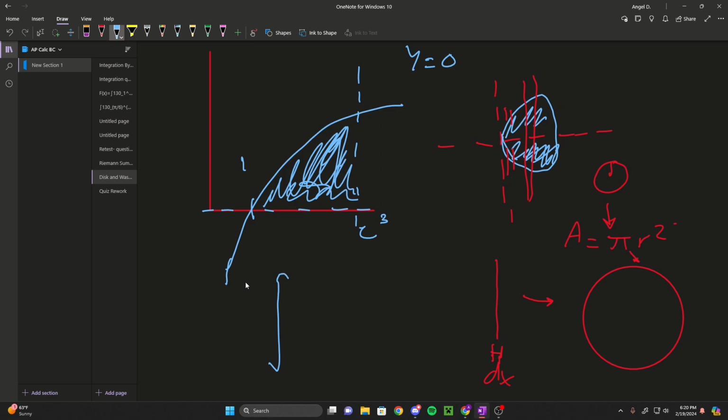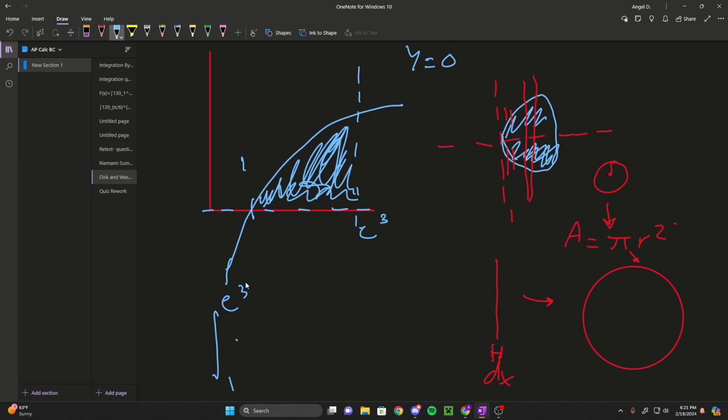So how would you find the area of that shape? Well, we're going to take an integral from these two places, because in reality, we're just trying to find the area of this, and to find the area of this, these two are limits, correct? But because we're rotating around now, we're going to be using the formula for a circle or a disk.